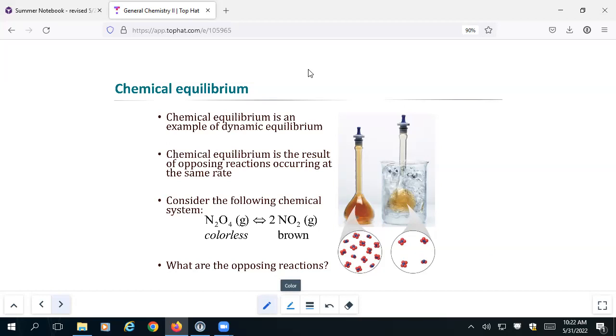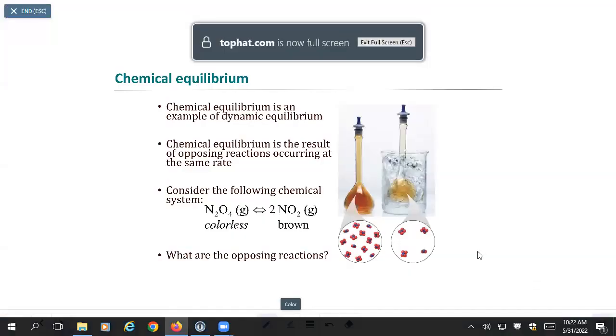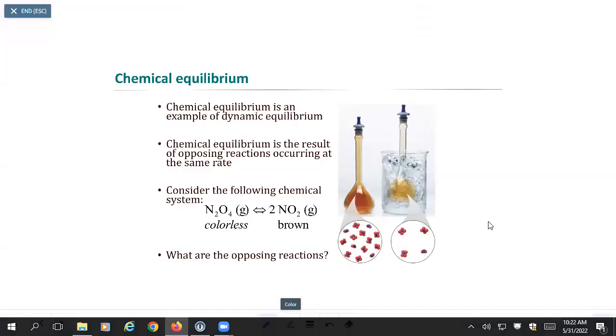So what we get in these kinds of situations are chemical processes that are reversible, opposing each other, yet happening at equal rates.